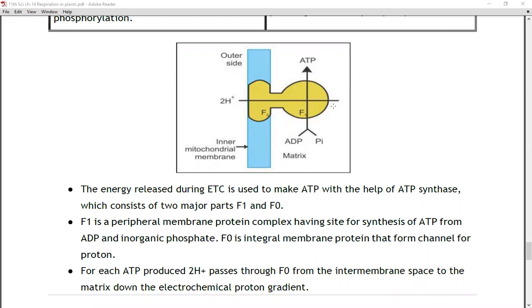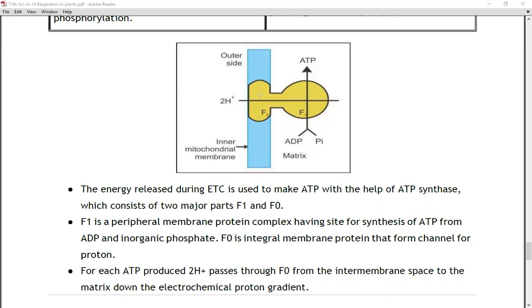The first is the F1 part, where I'm showing the cursor, the round colored shape. The second, in the membrane, is the F0 part. The yellow colored portion is the ATP synthase.